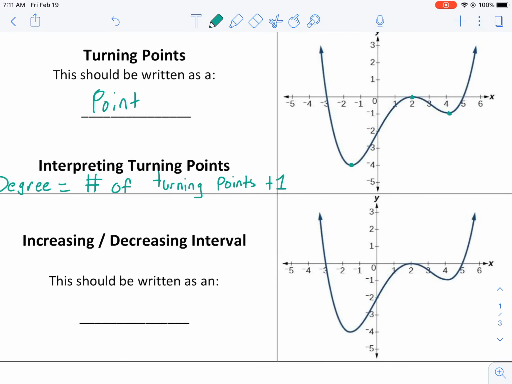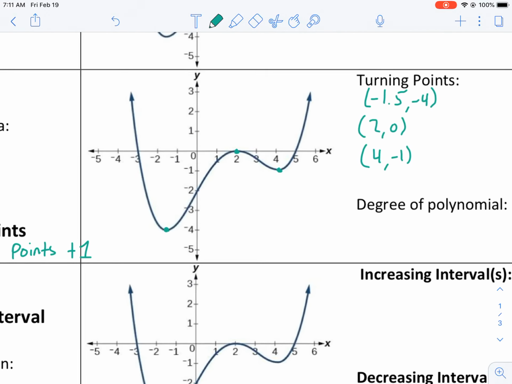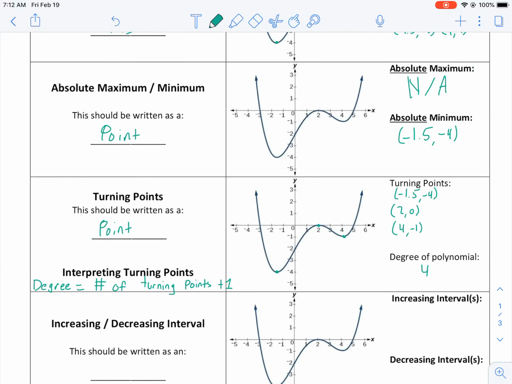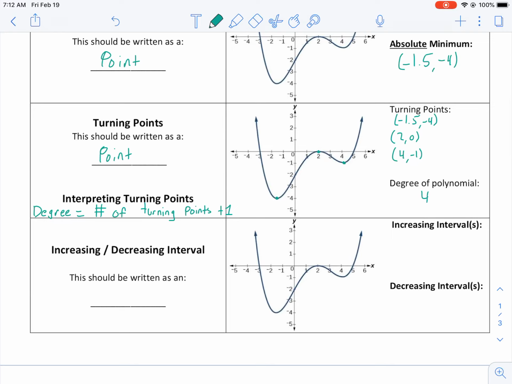Okay, and that's kind of important. You can figure out the degree just based on the number of turning points. So for this graph, we have 1, 2, 3 turning points, so that means the degree has to be 4. And remember, this should line up with what you set up here. So we knew it had to be even. Now we can actually say, okay, it's actually degree 4.